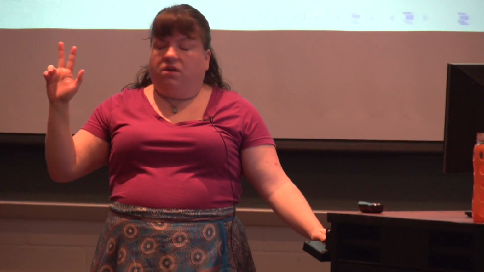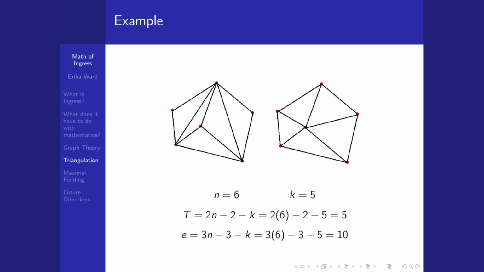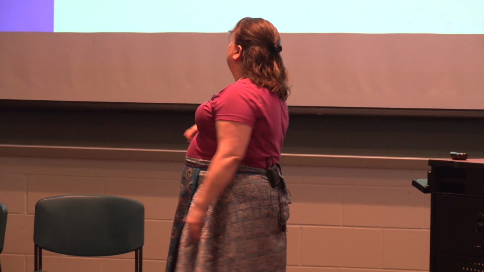So 3 for each triangle, plus the ones around the outside edge. Now we've counted everything twice, so divide by 2. So thinking back to these guys, 3 edges for each triangle gets us 15, plus count the ones on the outside one more time, 5 more is 20, divide it by 2, that's our 10 edges. So that should get us the number of edges.